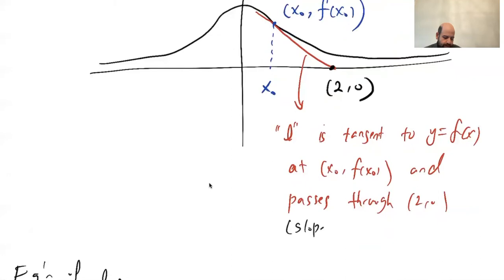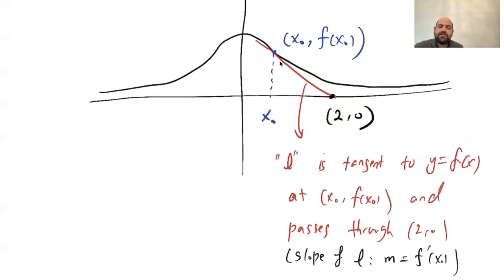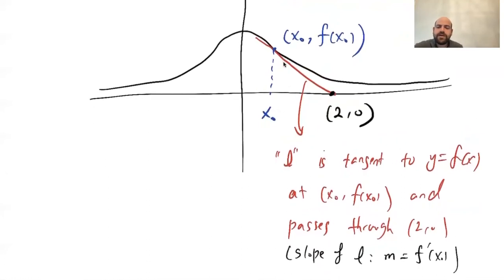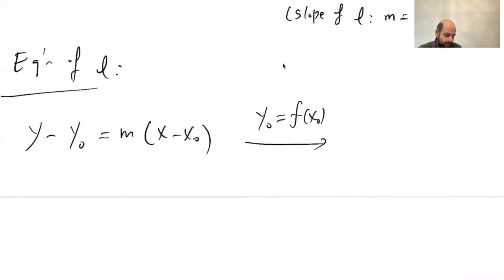The slope of L is m, which is f prime of x0, right? Because the line is tangent to the graph at x0, the slope of the tangent line at x0 is f prime of x0. So y minus y0, y minus f of x0, equals f prime of x0 times (x minus x0).